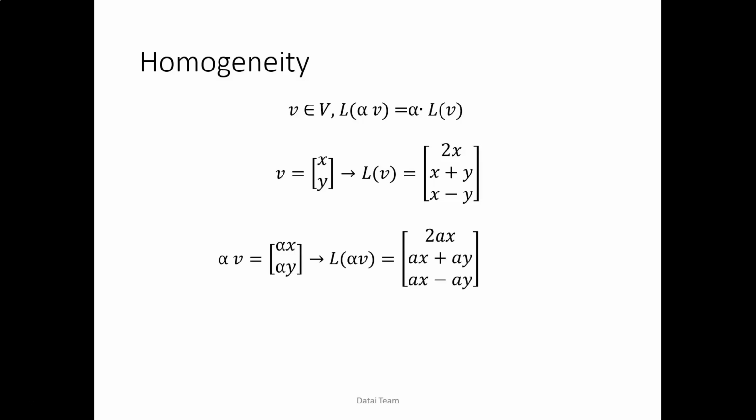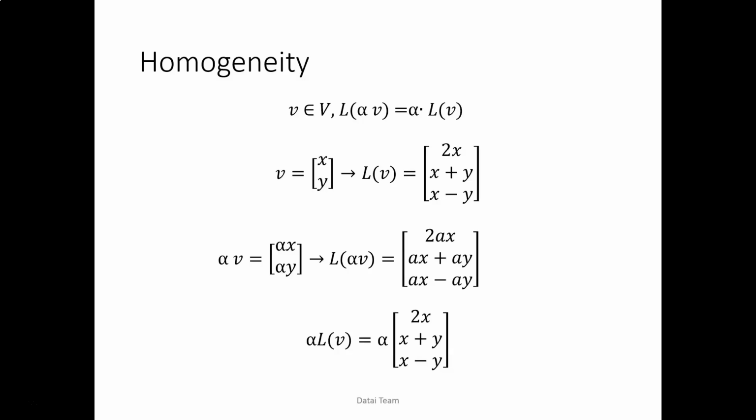And we know that this is homogeneous because we have alpha times (X, Y), so we get alpha X, alpha Y, then we transform that, we get 2 alpha X, alpha X plus alpha Y, alpha X minus alpha Y. As the transformed vector, we scaled first, then transformed it. Now let's look at the transformation and then multiplying with the scalar.